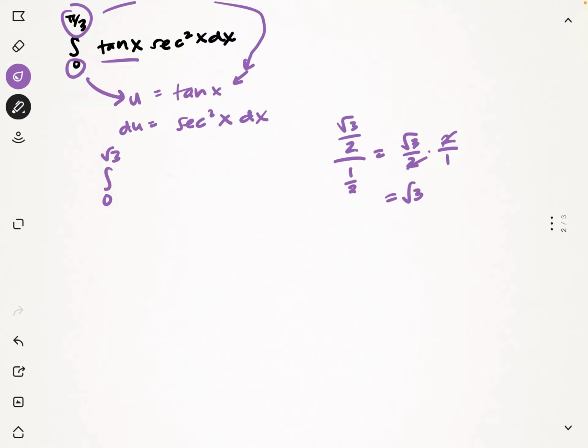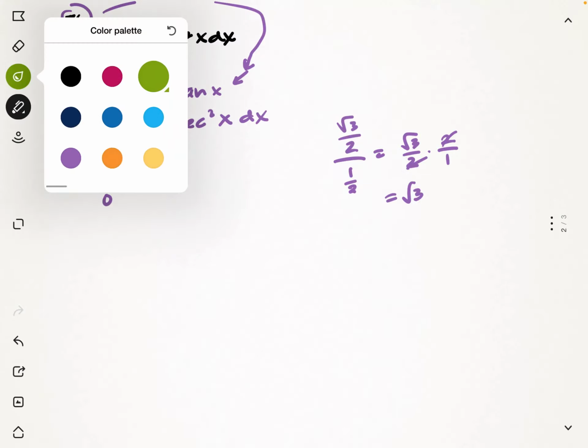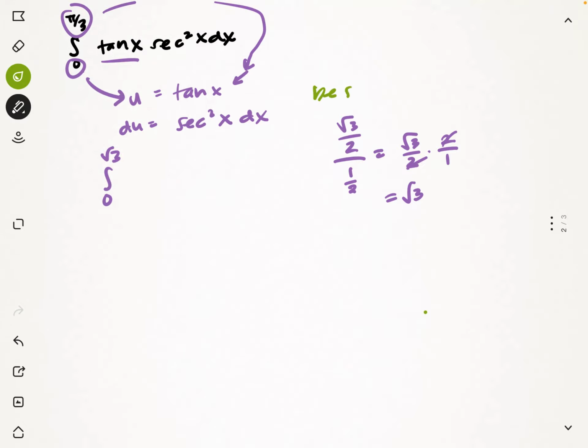So just be aware here that in this step, be sure to substitute the start and end into your u. In this case, u is tangent x, right?